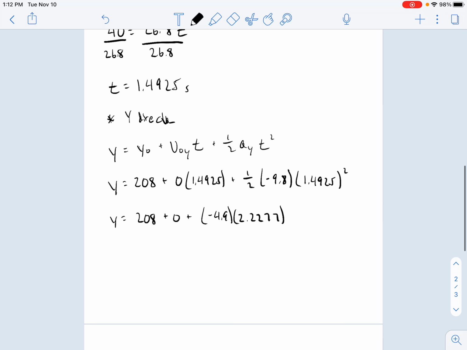If we multiply that by our negative 4.9 here, we're going to have 208 minus 10.9156.